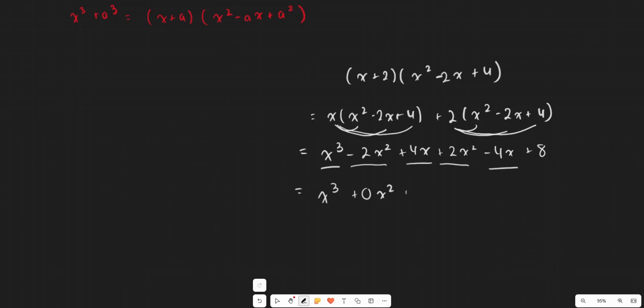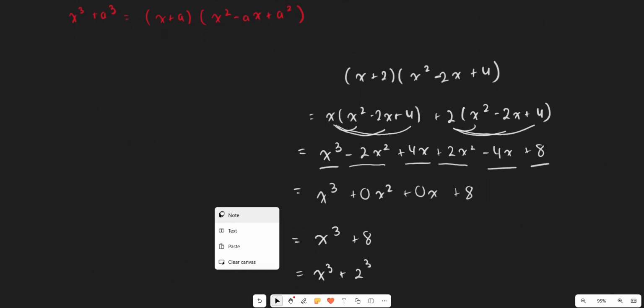Those two cancel out, so we have 0x. And then we have plus 8. We can see that this is x cubed plus 8, which we can rewrite as x cubed plus 2 cubed. So, as we can see, it converged into that formula.